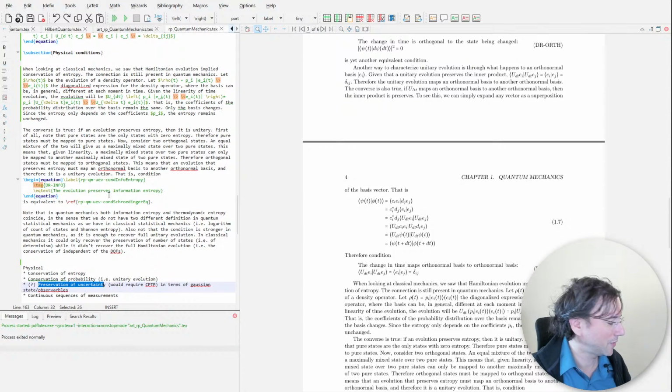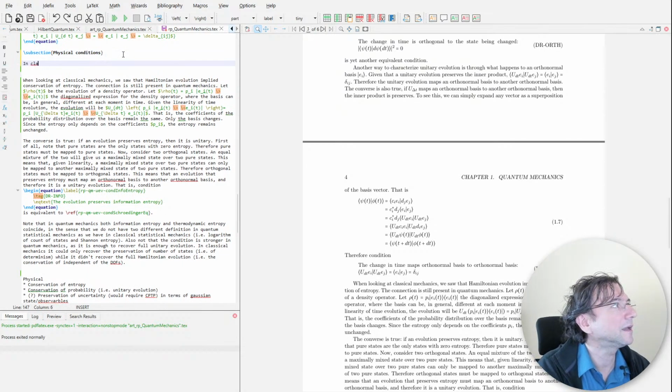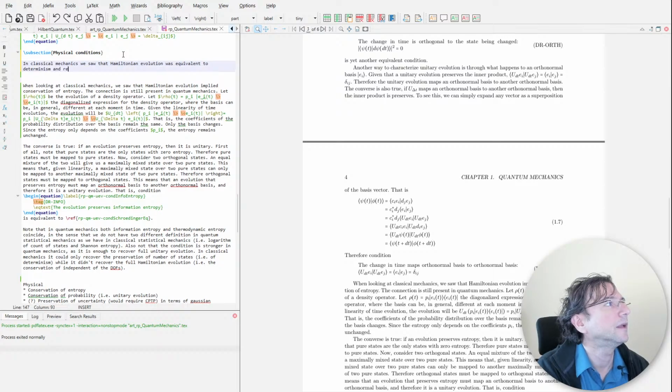Okay, let's put it like this. In classical mechanics, we saw that Hamiltonian evolution was equivalent to determinism and reversibility. The same applies to quantum mechanics.